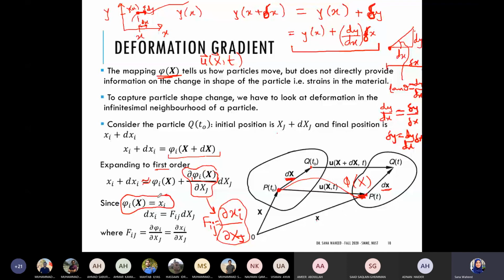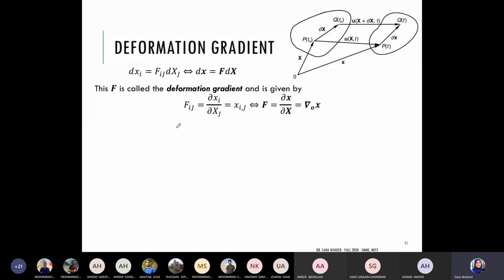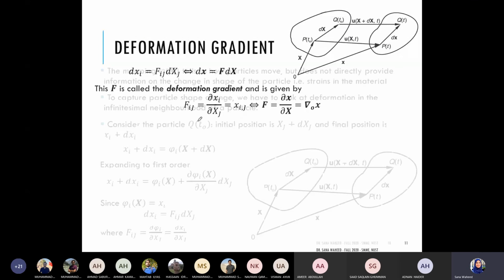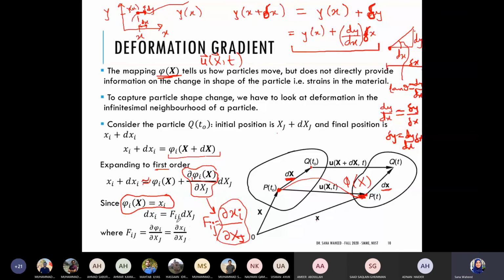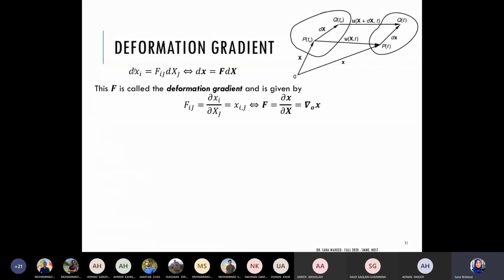Right. Okay. Now this is quite important. We've seen that we have this derivative, del xi by del xj, which we can use to represent my dxi. That is, the small change in the spatial coordinates from my initial position, I can represent in terms of my small change in the reference configuration by using this F tensor.